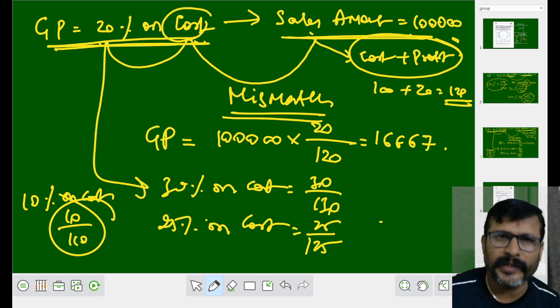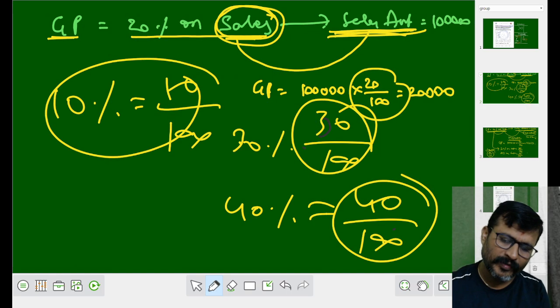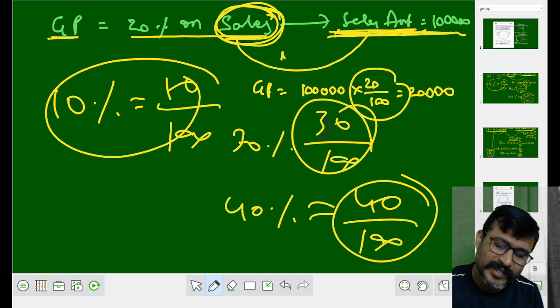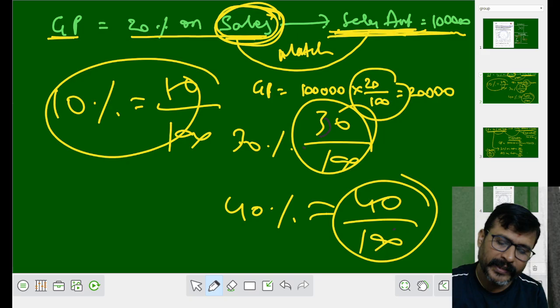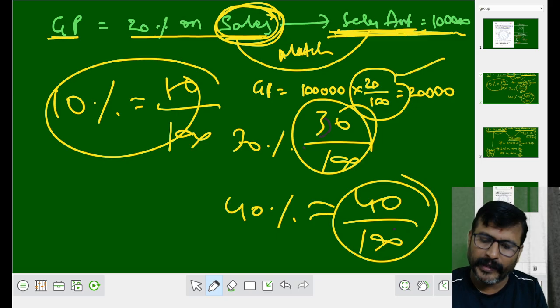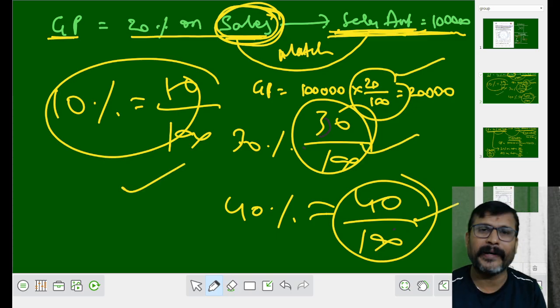Please make a note of these two things. When the gross profit is given on sales and you know the sales amount, this is called match. That's why we have to take 20 by 100, 30 by 100, 40 by 100, 10 by 100.